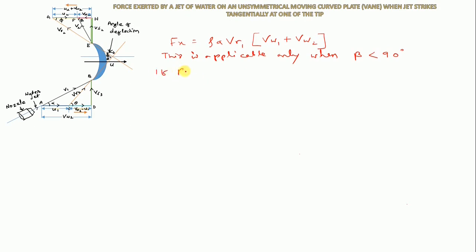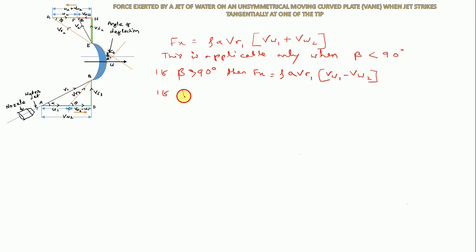If beta is greater than 90 degrees, then Fx is equal to rho a Vr1 into Vw1 minus Vw2.